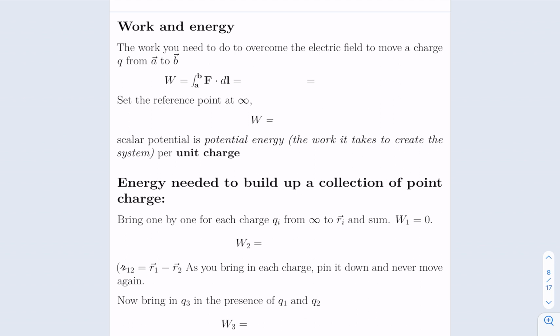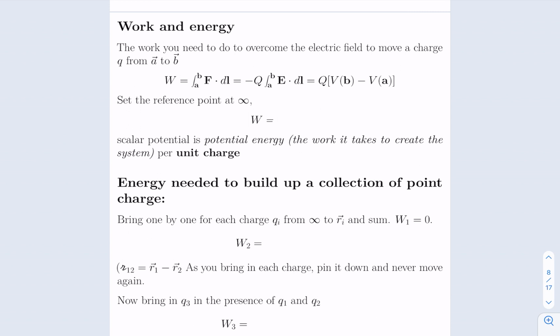And so we need to pay attention that there is a minus sign here. And now if we do the integral, this simply gives the potential difference. So the work needed from going A to B is simply given by the charge times the potential difference.